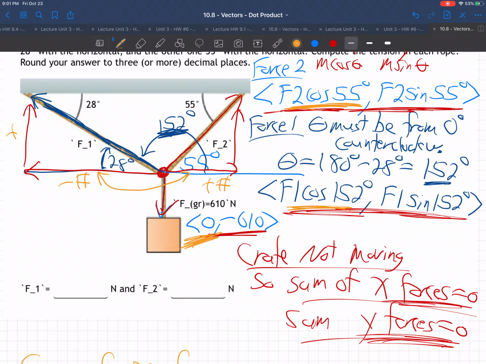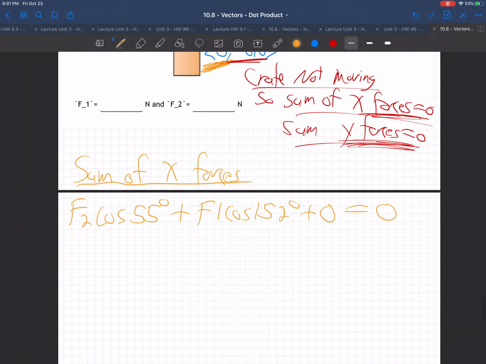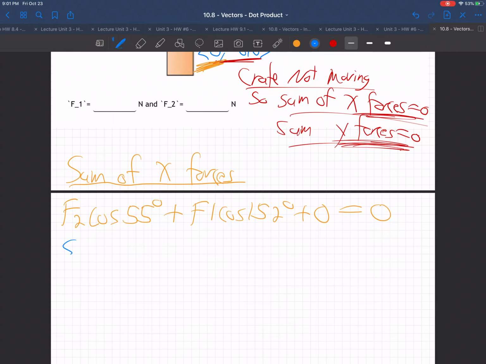And then this is a positive upward pull, this is a positive upward pull, and this is a negative down pull. This negative and these two positives add up to be 0, for no net vertical force, sum total 0. So, all right, I got that equation. And then the sum of the y forces must be 0.